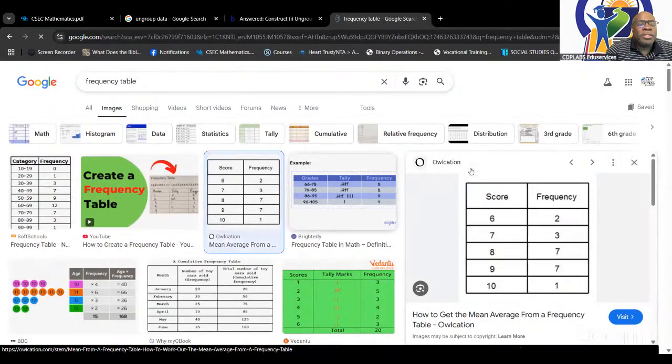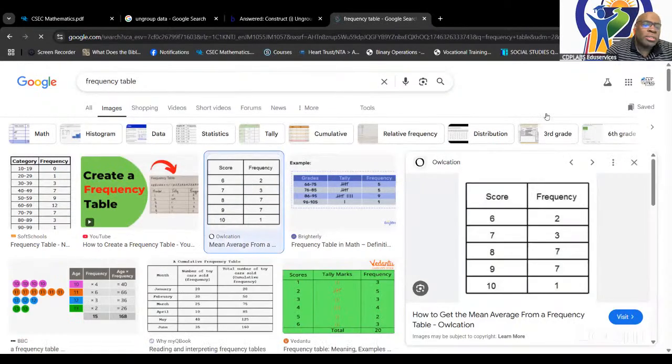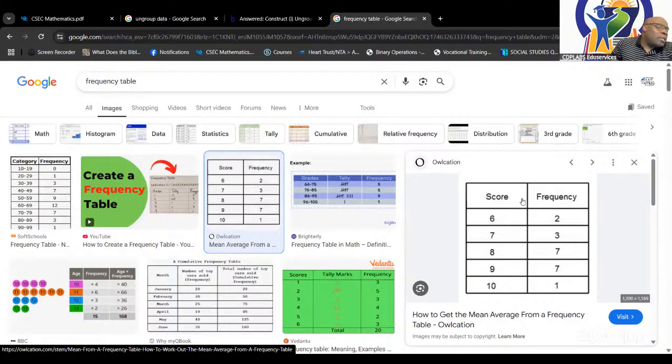So a frequency table illustrating ungrouped data. But what does this table tell you? The table tells you, for example, these are the scores.